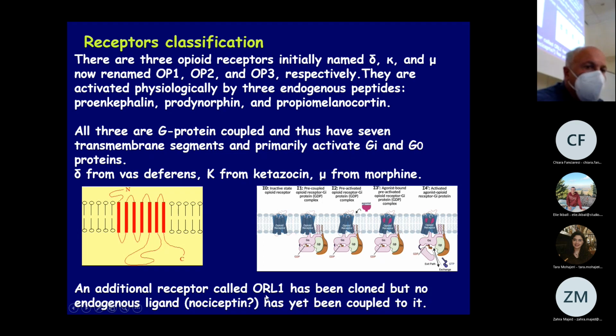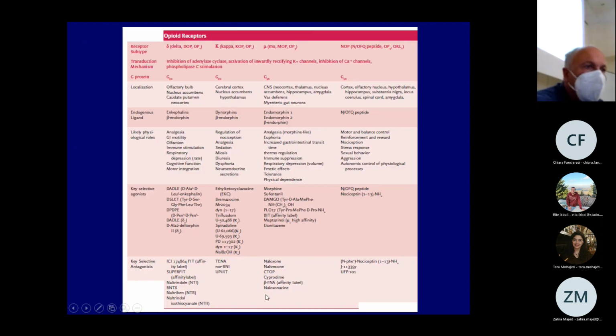These receptors were cloned, and so we know the primary chemical structure, the different amino acids which form the receptors, but we know only the primary structure, the series of the different amino acids.